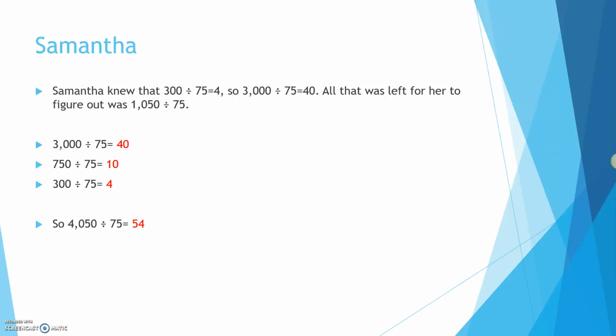So she broke that part up. She did 750 divided by 75 equal 10. Then she only had 300 more, and she knew that that was already 4. So 4,050 divided by 75 equals 54. She got the 54 from adding up the answers that she got from each of her division problems.